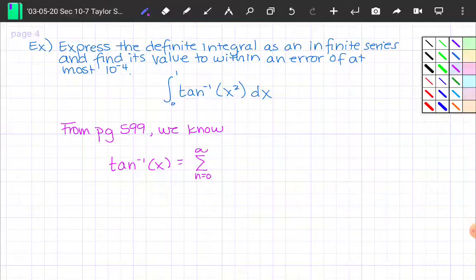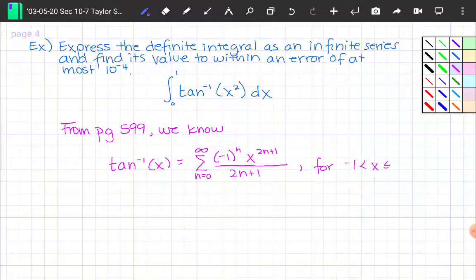The summation as n goes from 0 to infinity of -1 to the nth times x to the 2n plus 1 over 2n plus 1, for these values of x.